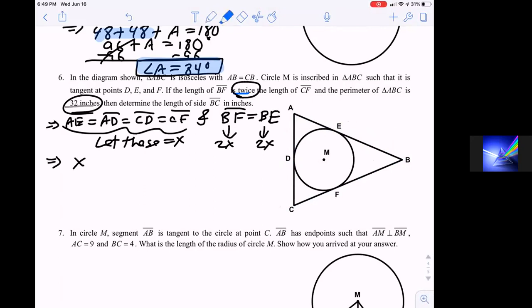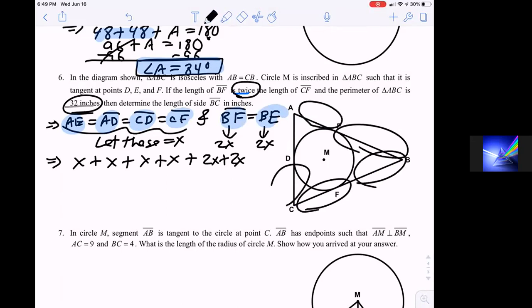X, which stands for AE, plus X, which stands for AD, plus X, which stands for CD and CF, plus 2x plus 2x, which stand for BF and BE. Now, if you add them up, those are 6 total segments. 1, 2, 3, 4, 5, 6 total segments that have to add up to 32 inches.